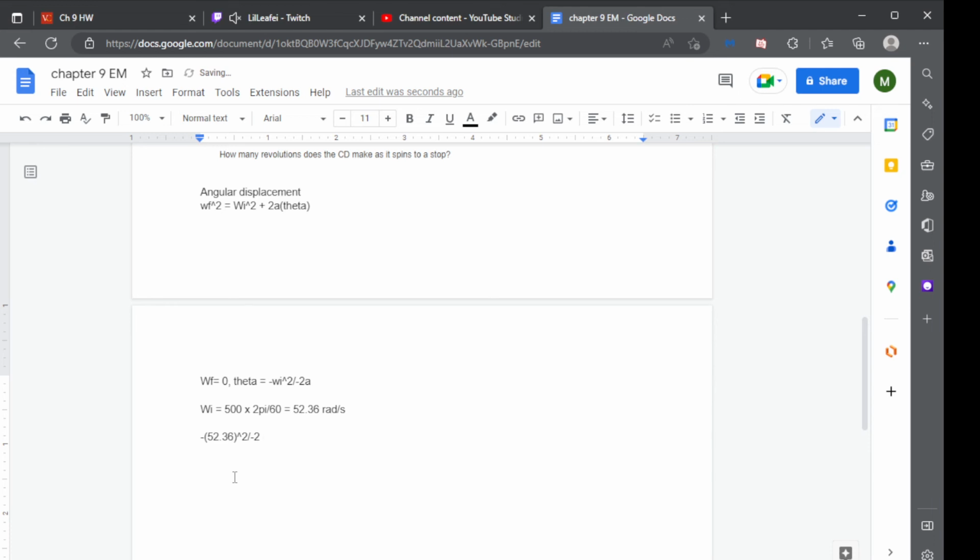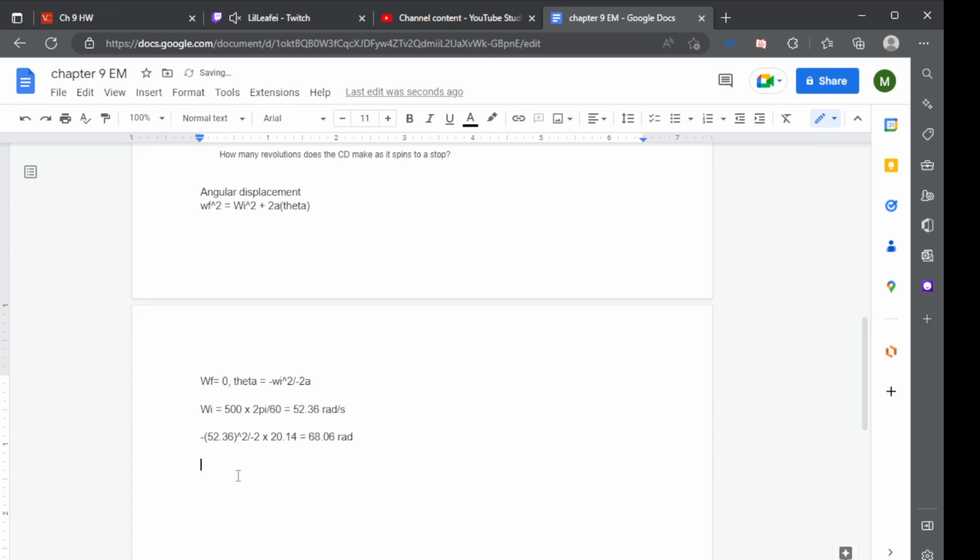The acceleration is 20.14, so 2 times 20.14. This will give us 68.06 radians.